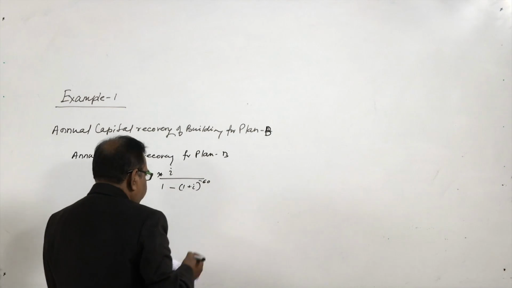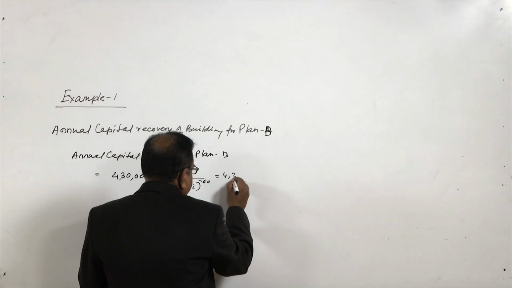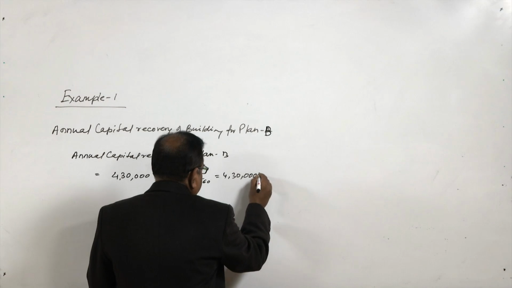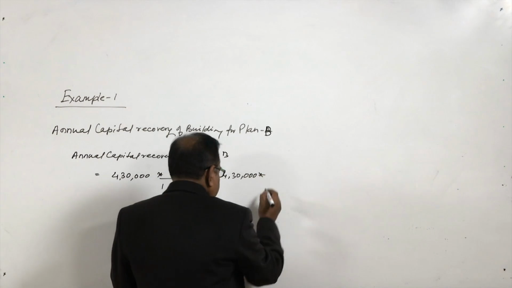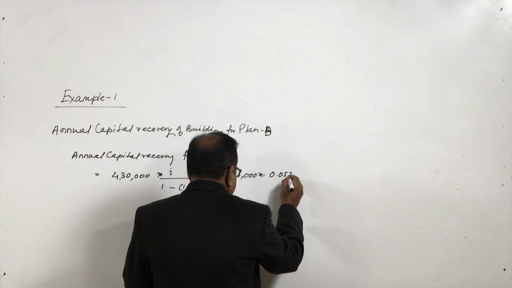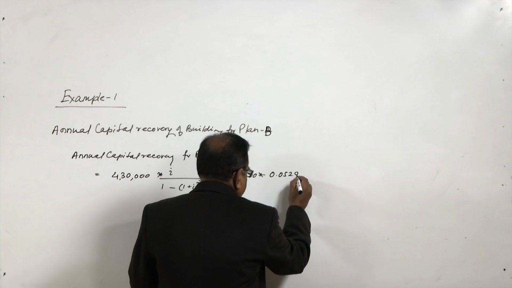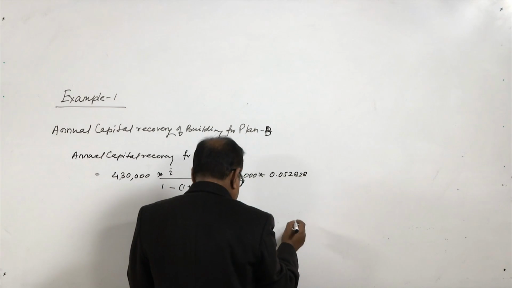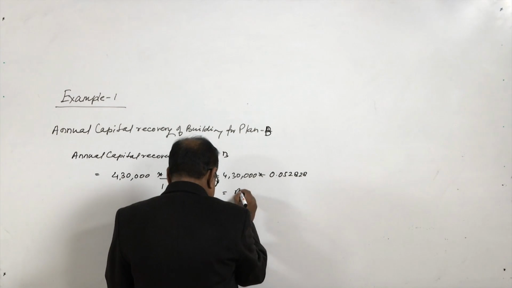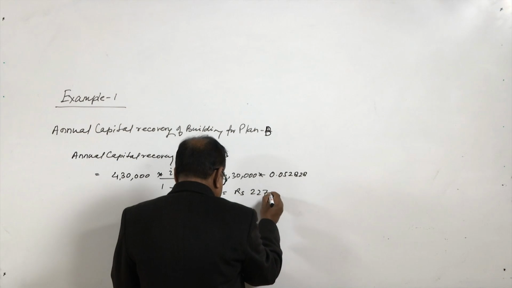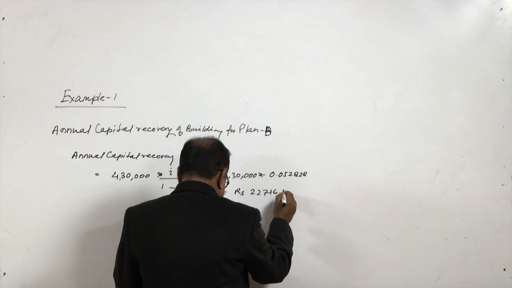This comes out to be 4,30,000 into 0.052828. This comes out to be rupees 22716.12.